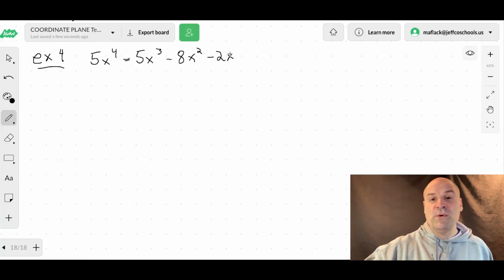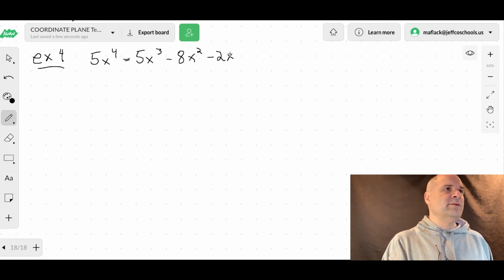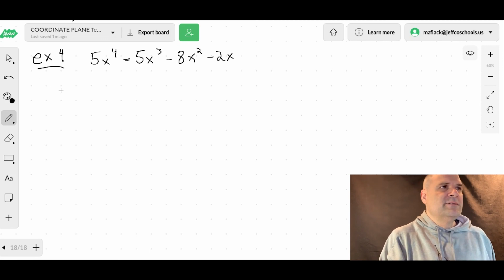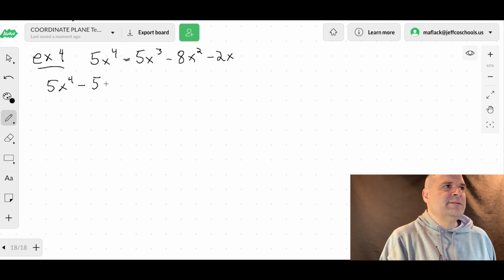Okay, welcome back. I hope you've enjoyed your last example for this lesson. So we're gonna put everything on this side. So 5x to the 4th stays there. When you bring everything over, all you have to do is negate them. Negate just means change the sign, oppositize them.